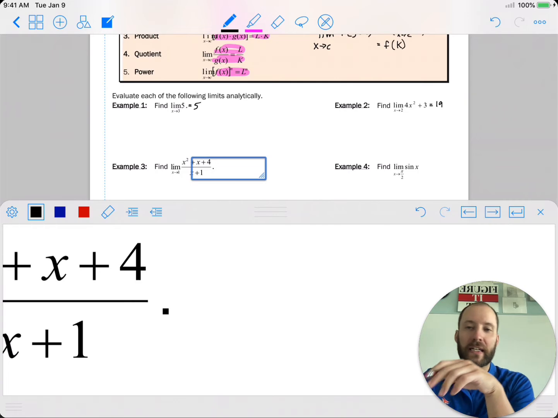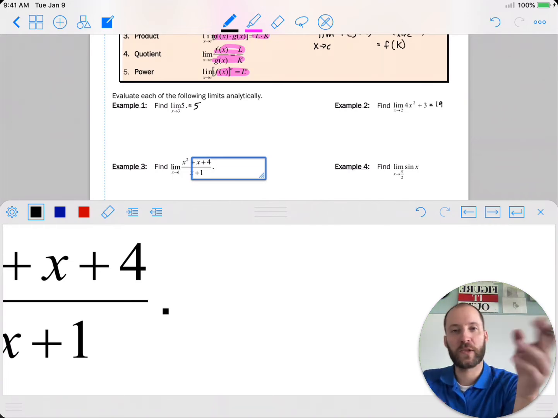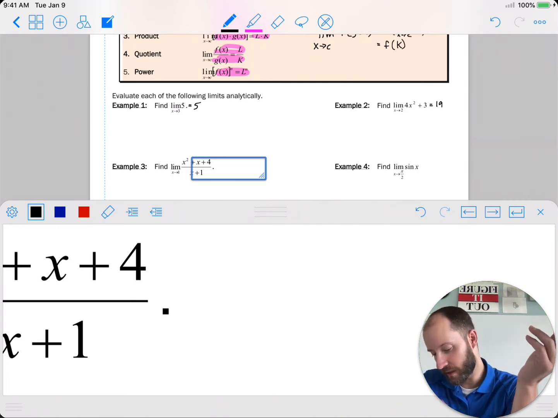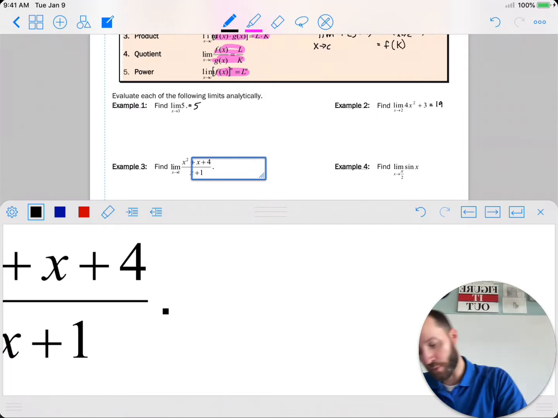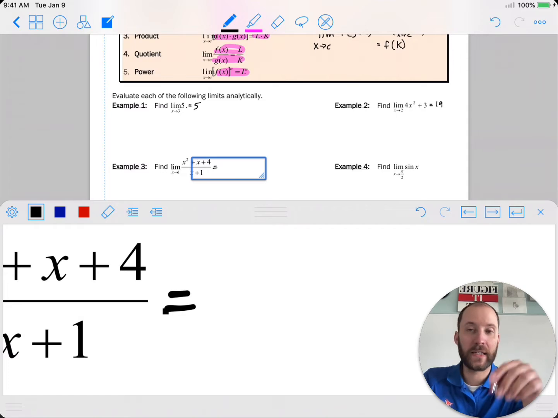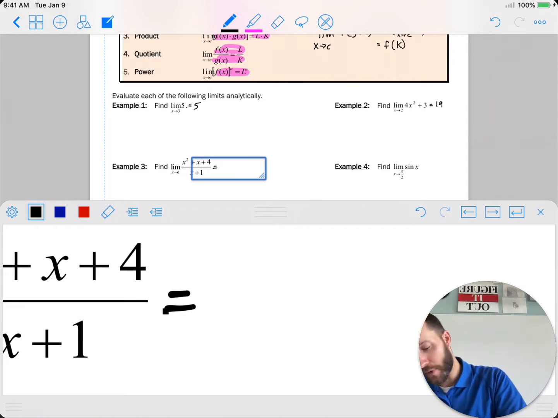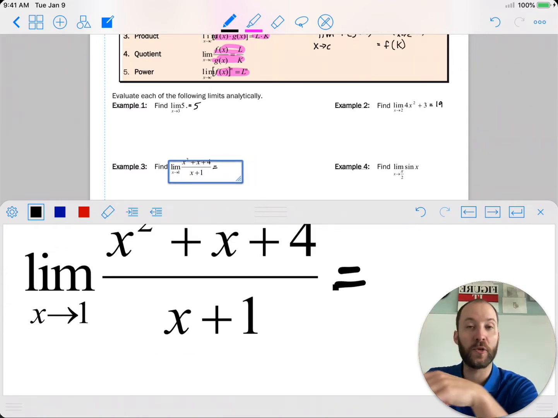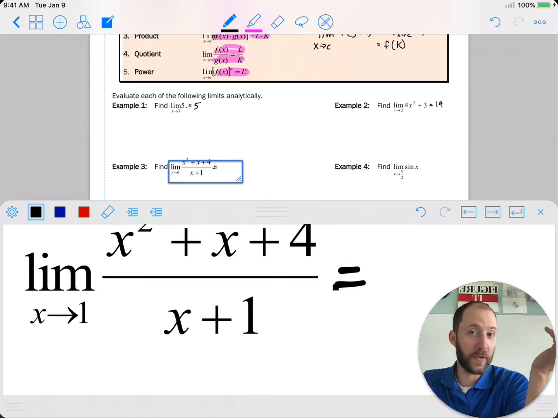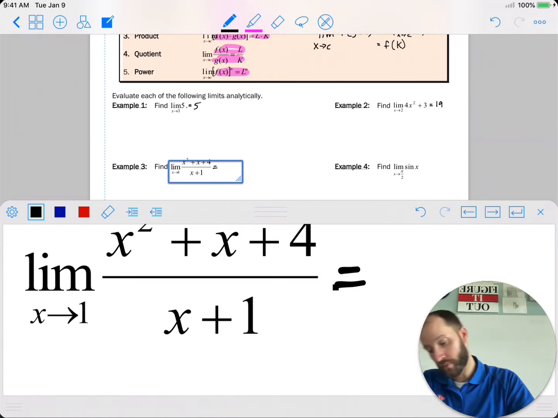The limit of x squared plus x plus 4 over x plus 1 as x approaches 1. It's all direct substitution. The denominator x plus 1, if you plug 1 in, you'll be fine. You'll have a denominator of 2, so there's no problem.